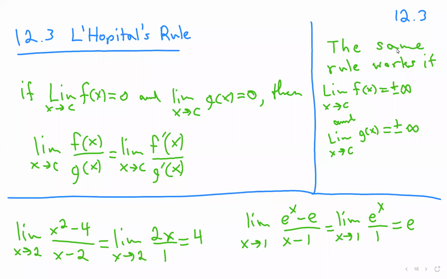All right, so we're going to have a short little video here about L'Hopital's rule. For L'Hopital's rule, we're basically talking about the limit of a fraction where we have a numerator function and a denominator function.